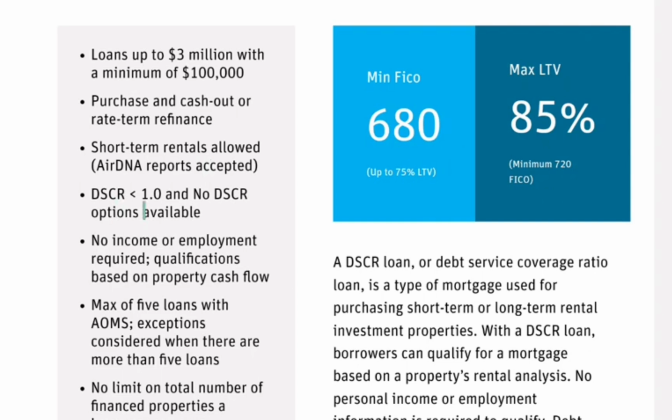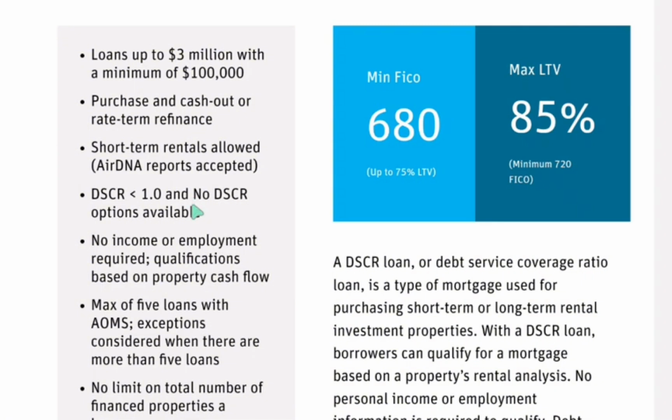DSCR can be under 1, and no-ratio DSCR options are available. Because when you have a DSCR loan, you're going to calculate the percentage of rental income versus what the payment is going to be. But there are also programs where they don't even calculate that.